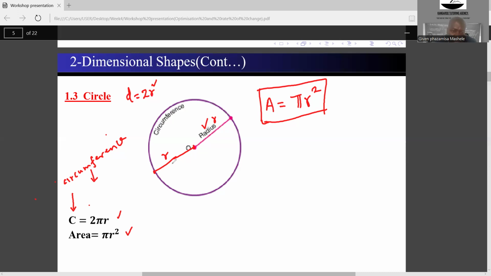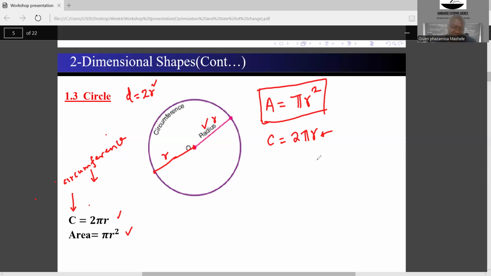Then how about the formula for calculating the perimeter of the circle, which is called the circumference? The circumference of the circle is determined by using 2 pi r. So this is the formula for calculating the circumference of a circle. And how can you actually remember this formula?